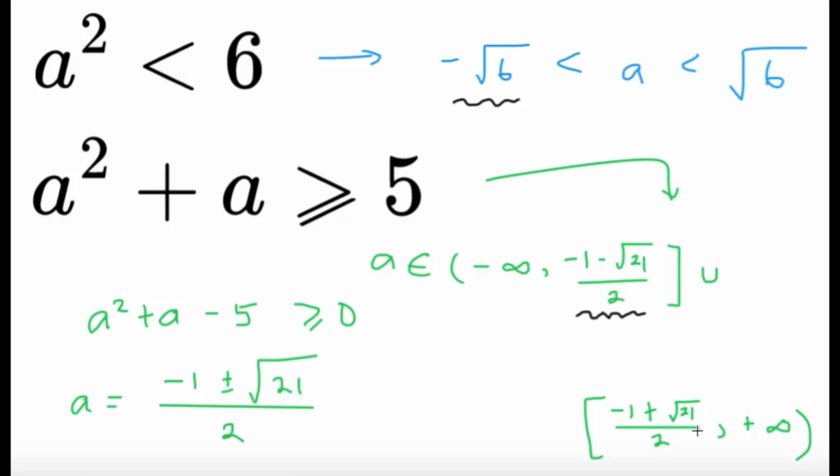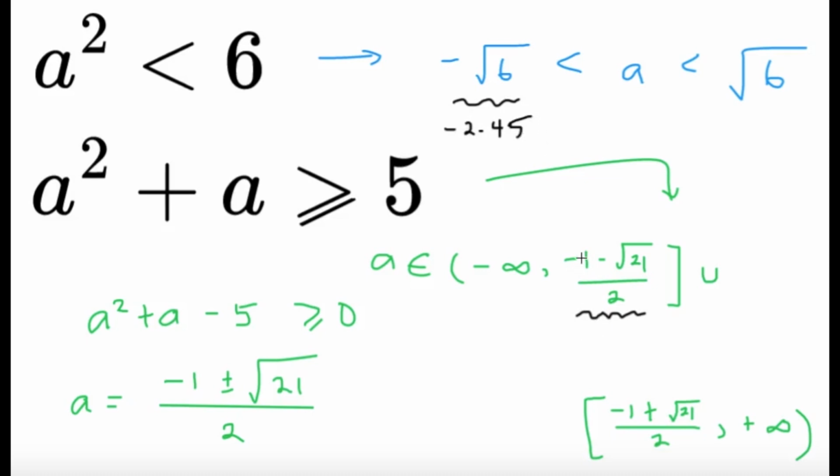Now, since we want to get the intersection of these two, we have to know where they intersect. So negative square root of 6, that's approximately negative 2.449. So I'm just going to call it negative 2.45.